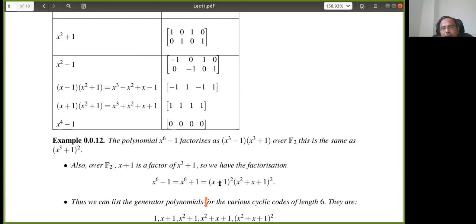So every divisor looks like x plus 1 power a into x square plus x plus 1 power b, where a equals 0, 1 or 2 and b equals 0, 1 or 2. So if both are 0, I'll get 1. If this is 1 and this is 0, I'll get x plus 1.